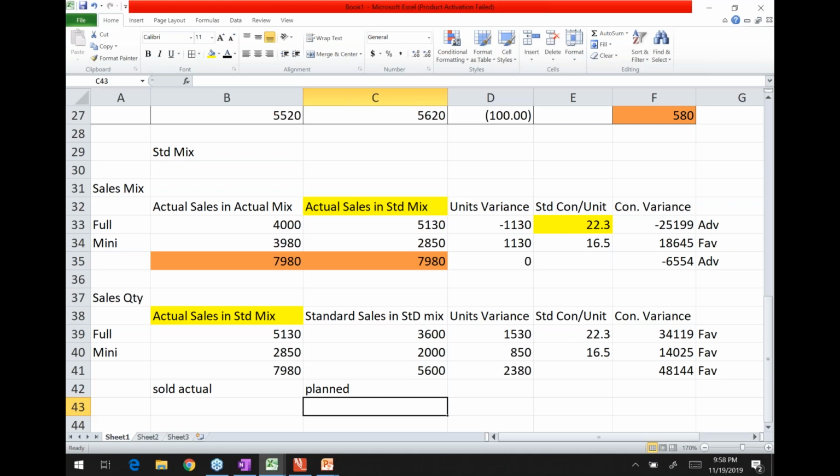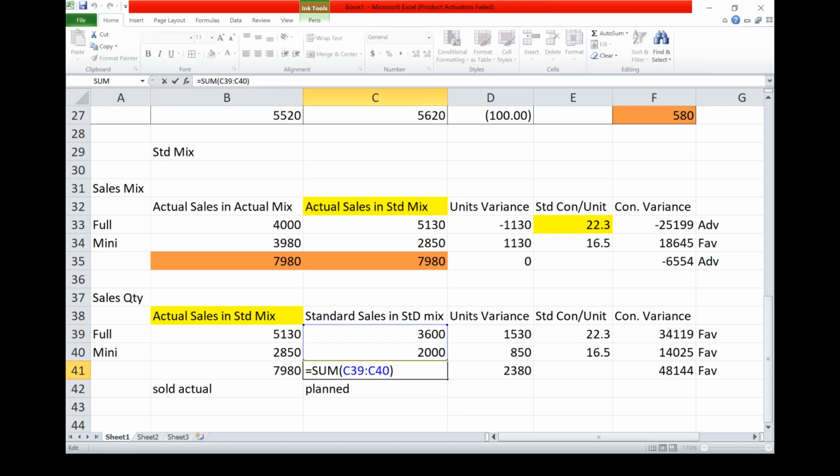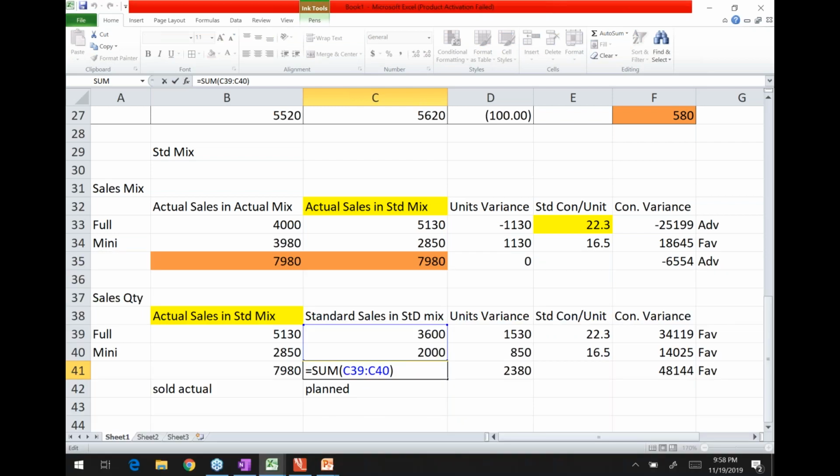So in quantity, there is nothing to do with the mix, because the mix difference has already been highlighted above. So in quantity variance, it's actual quantity versus budgeted quantity. And you can see in the bottom line, we have sold more units by 2380.